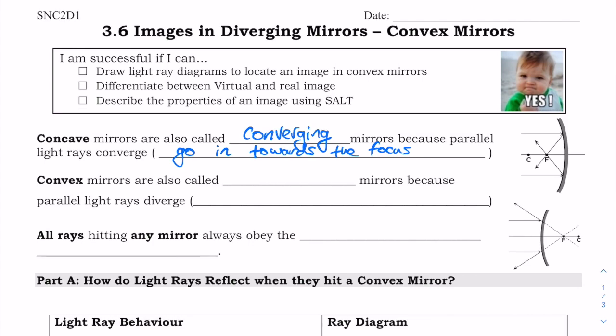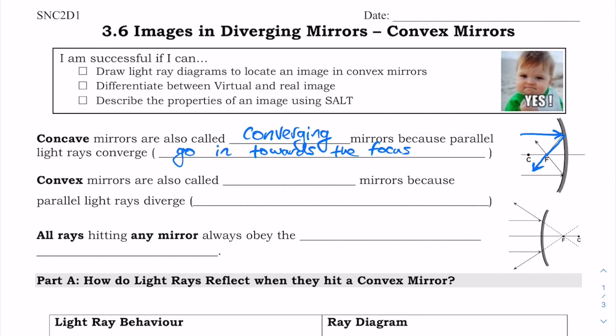Here we have two incoming rays of light. Remember, we're going to assume that light rays always go left to right. So the first one over here is moving from left to right. This is a ray of light that is parallel to the principal axis. And the rule that we learned is that when this ray of light hits the mirror, it reflects and passes through the focal point. We can see this in the picture.